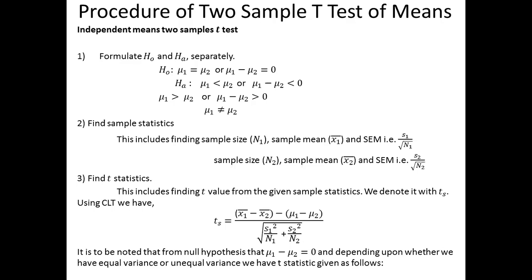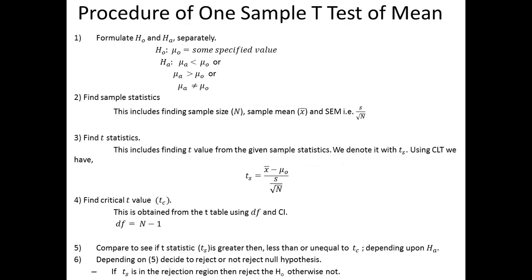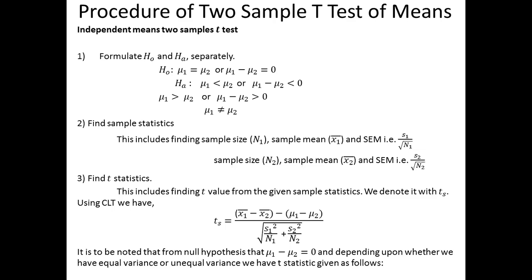The thing to be noted here is this: as we compare it with the one sample t-test, the t statistic was x bar minus mu naught in the numerator. So there was some sample mean minus the population mean defined by the null hypothesis. And the same thing is happening here. We have some sample mean, x1 bar minus x2 bar, which would give something like x3 bar, a new sample mean, minus mu1 minus mu2.